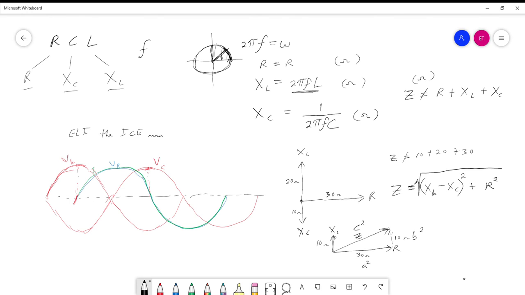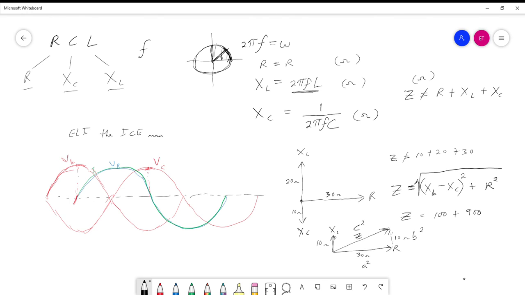I mean, we could get our total impedance here. Let's see. So Z then, what is it? It's 10 squared plus, am I doing this right? 10 ohms net, square that, 100. 30 ohms, that's 900.